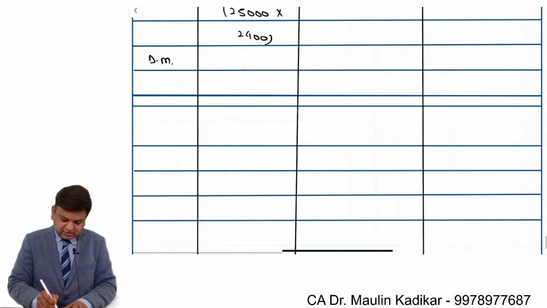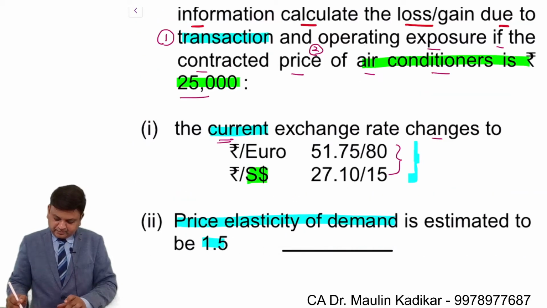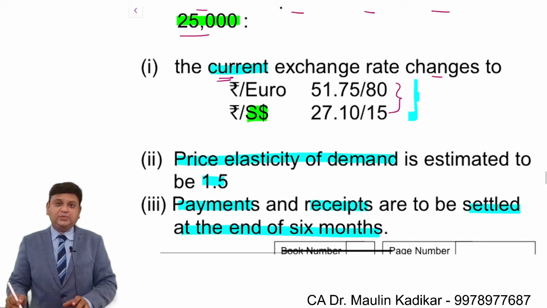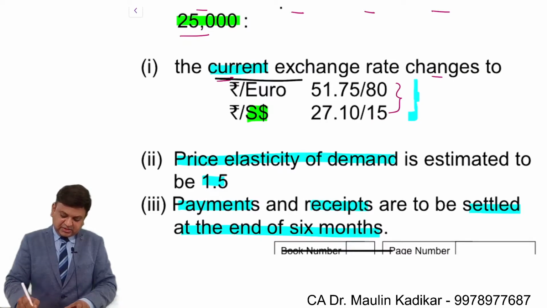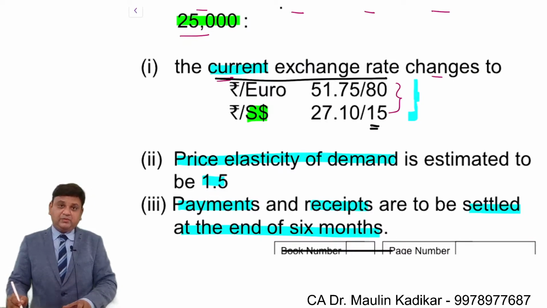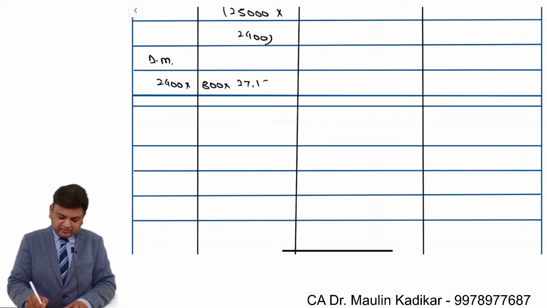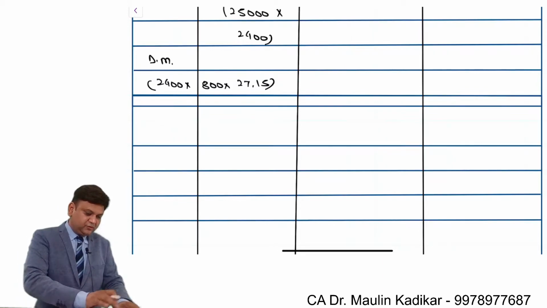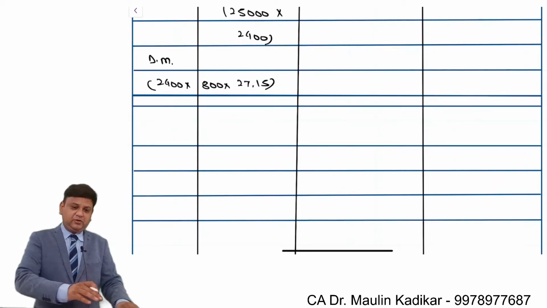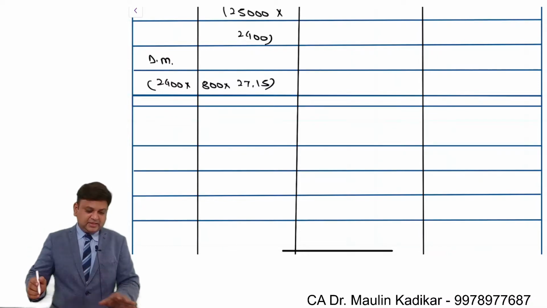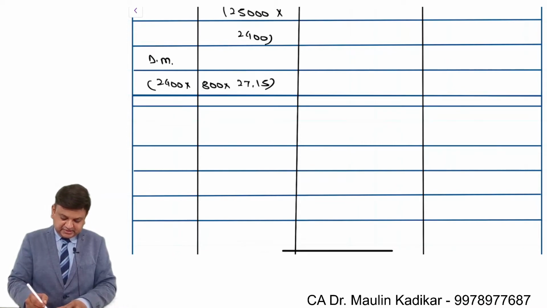In that, it is 2,400 number of units into 800 Singapore dollar multiplied with the exchange rate. The question is providing that the current exchange rate changes. So 27.15. So 2,400 into 800, 19.2 lakh, we already have found it, into 27.15. That comes to 521.28 lakhs.